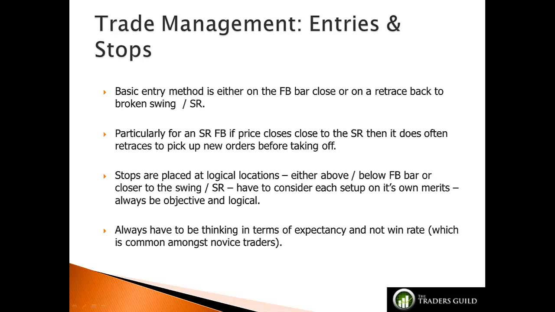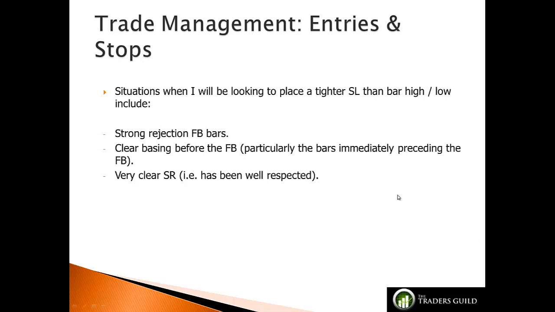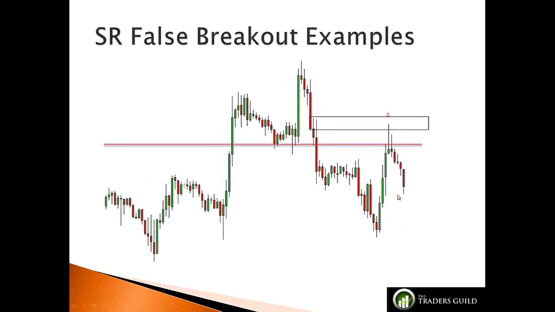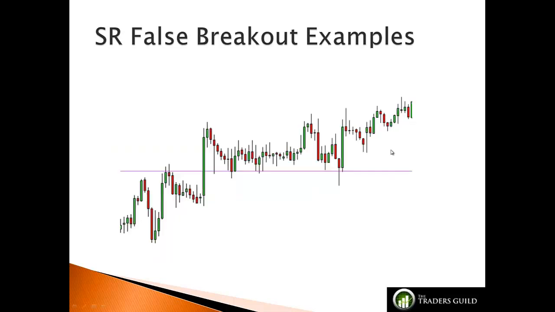Okay, so if I go through a couple of examples, you can see here the false breakout, price retests the SR, actually goes beyond it but still closes back below its SR before moving downwards.